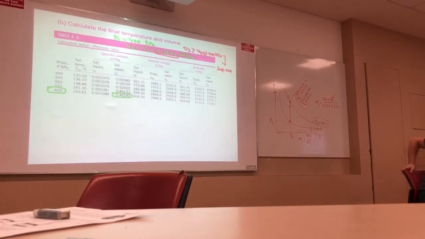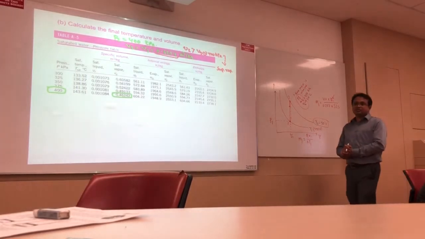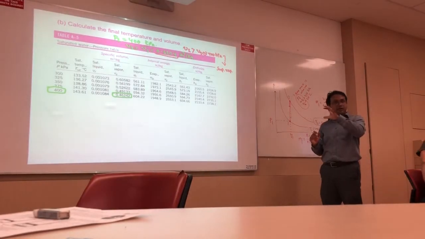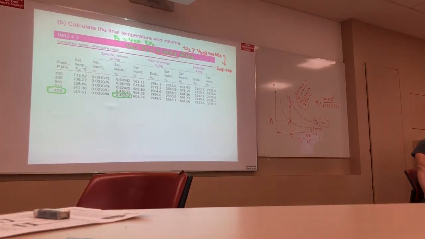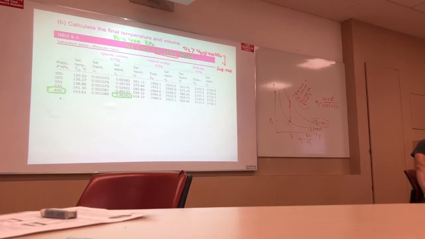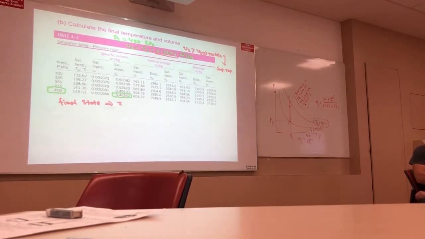So the answer is solved. They ask what is the final temperature. The final state is 3, I tell you: 1 to 2 is constant volume, 2 to 3 is constant pressure. So what is the P3? Final state is 3.